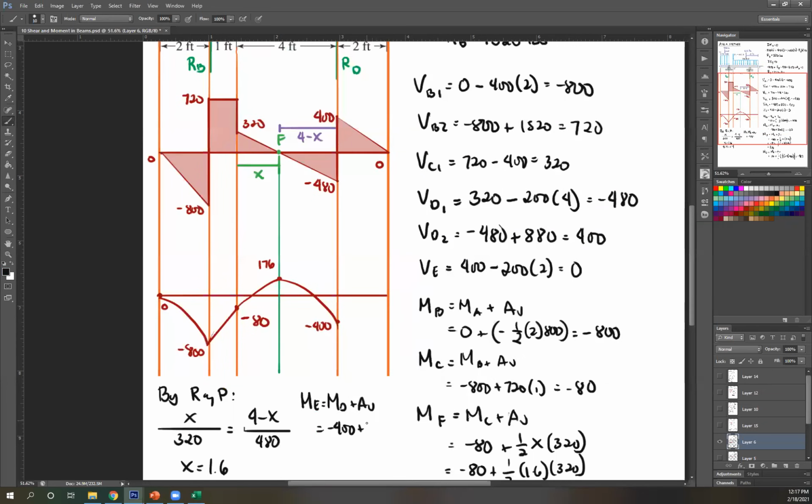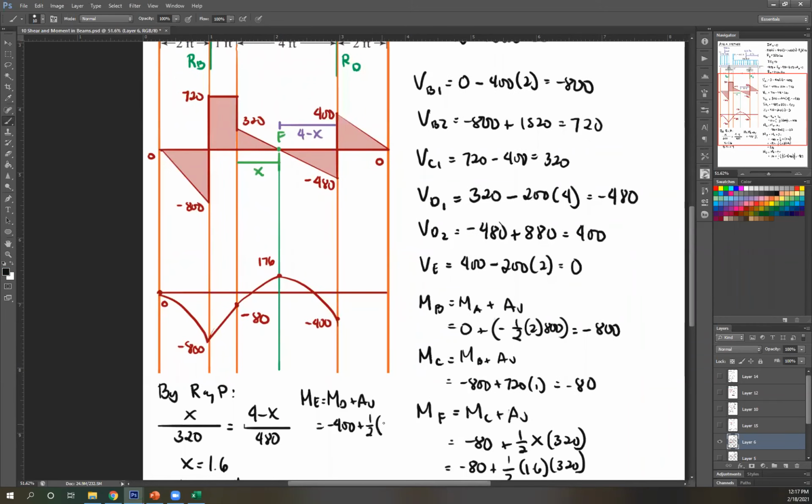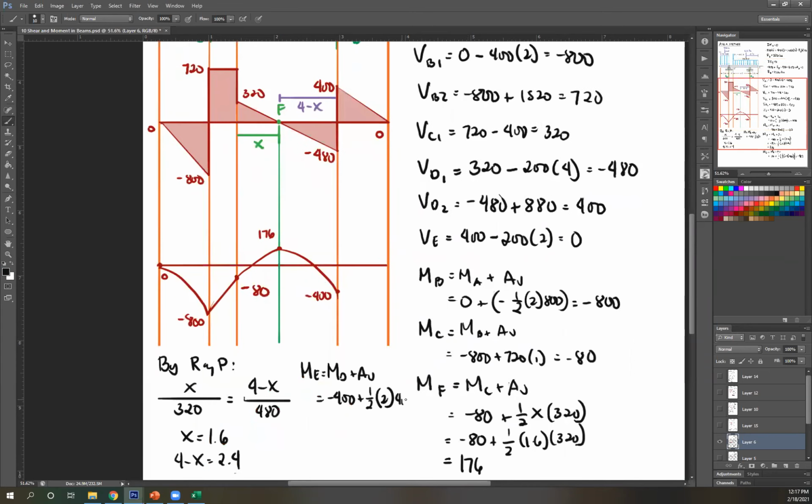And this is another right triangle. So area for a right triangle is 1/2 base times height. What's this base? It's 2 feet. What's this height? 400. I can already see negative 400 plus 400. That is 0. Okay. So again, this is a positive area, so I have a positive slope, parabolic line, to 0.